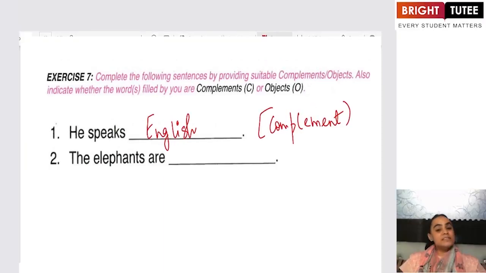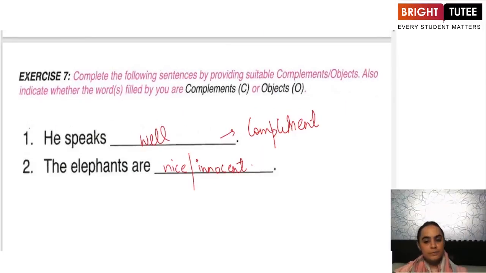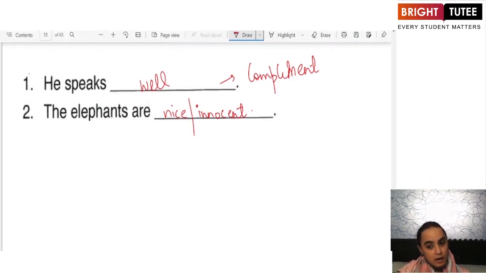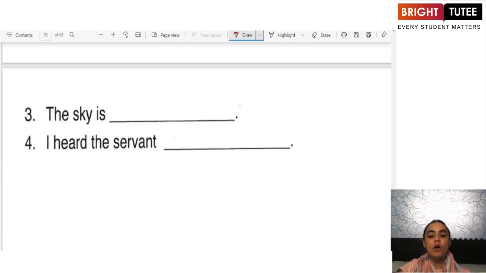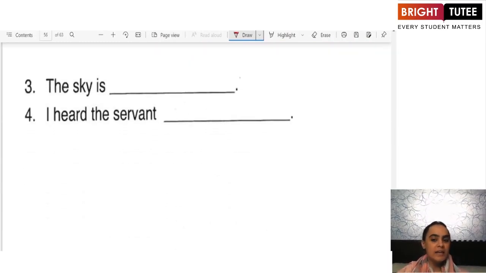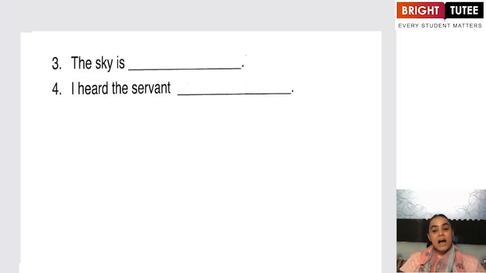The elephants are nice, or the elephants are innocent. So please remember that generally in a sentence, if we are using a noun or an adjective after the verb, it is a complement. So this is what generally happens. The sky is, again, dark. This is the quality of the sky that I am expressing.